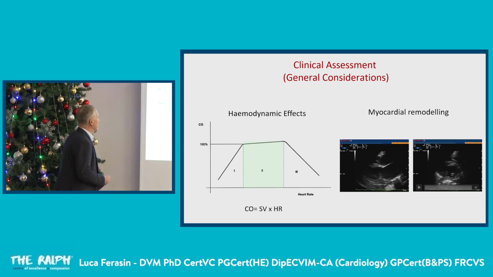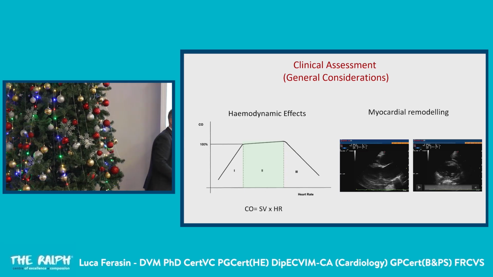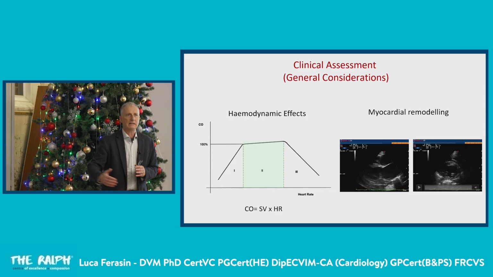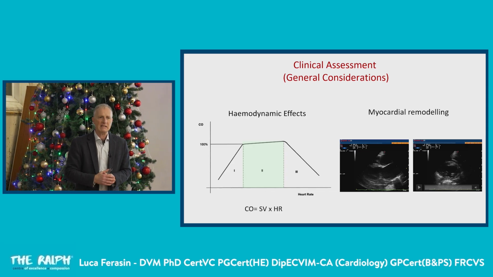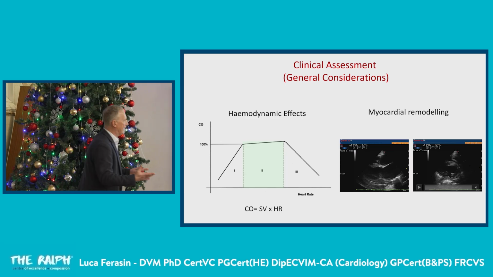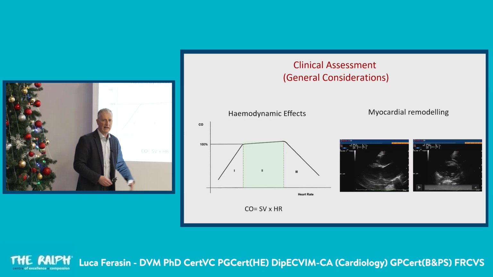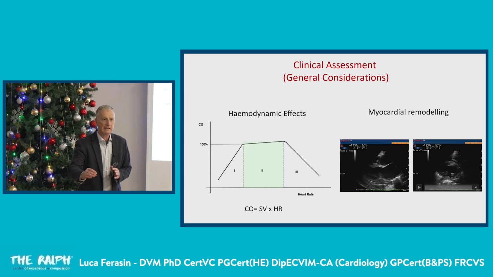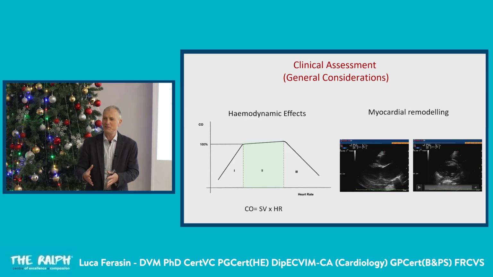Now, in this range, which is the physiological range, in the green area, despite the increase in heart rate, the cardiac output remains pretty much the same. Why is that? Because cardiac output is the result of stroke volume times heart rate. So we increase the heart rate, but the stroke volume decreases because there is less time for the ventricles to fill with blood.